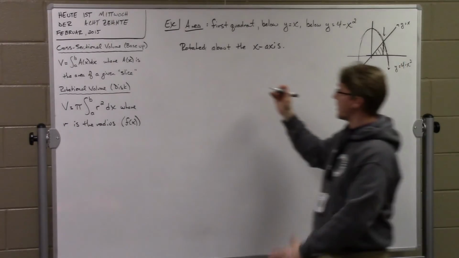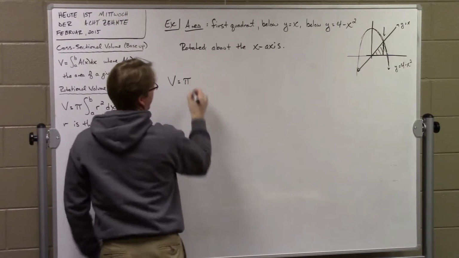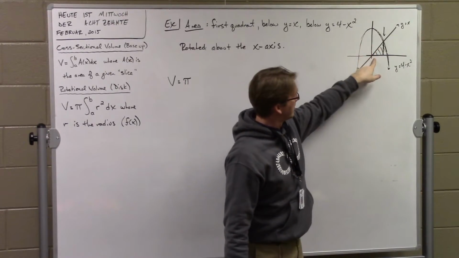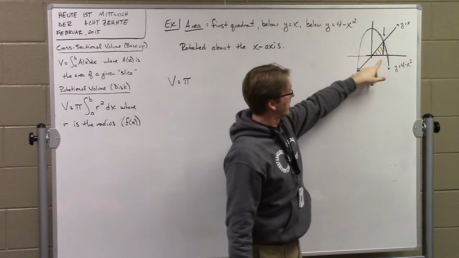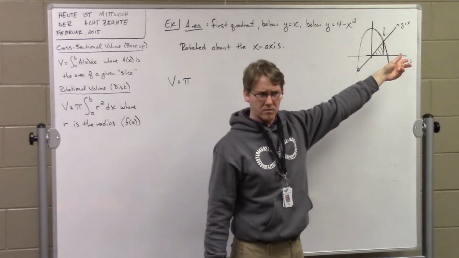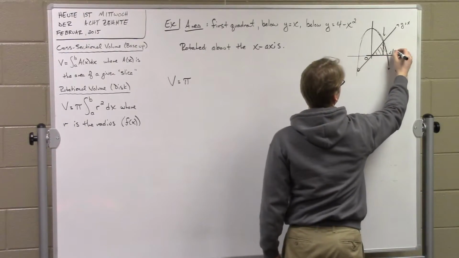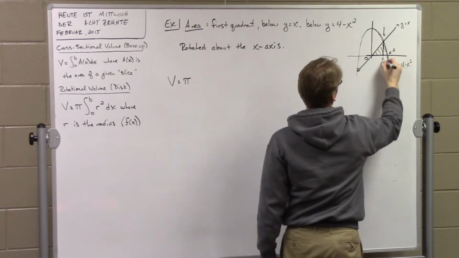The volume is going to be the basically triangle wedge from 0 to wherever that point is, spun. And the second one goes from wherever that point was to 2, where the quadratic hits. Is it 2? Yeah, it's at 2.